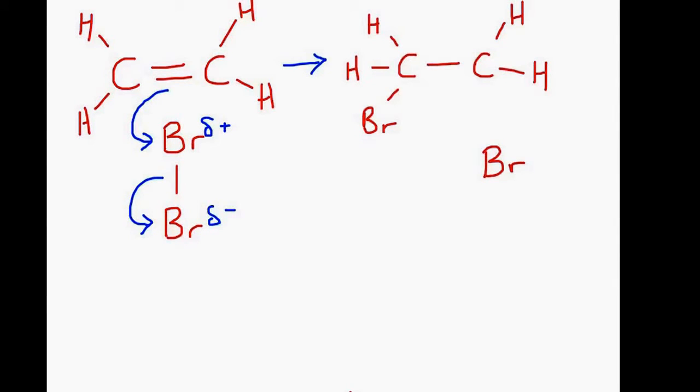So in the next stage of the reaction, we therefore have an intermediate stage where one of the bromine atoms has been joined to one of the carbon atoms in the double bond. The double bond is no longer there because that pair of electrons is now between that carbon and that bromine. The other carbon, therefore, has lost one of the electrons that it was sharing with the carbon on the left, which means that it's got a positive charge because it's essentially lost an electron.